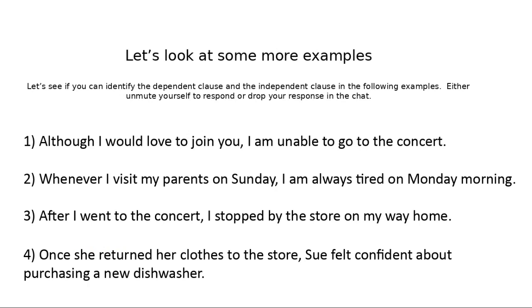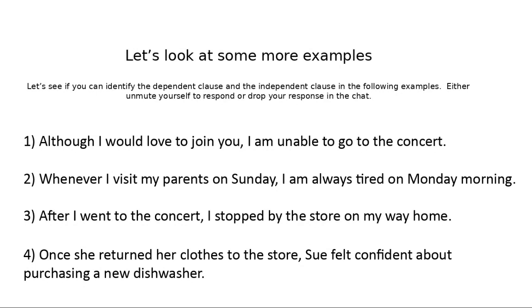So this is called a complex sentence when it has a dependent clause and an independent clause. In a sentence, if you have a dependent clause, then you need an independent clause in order to give it the structure it needs to express a complete thought and be considered a complete sentence.